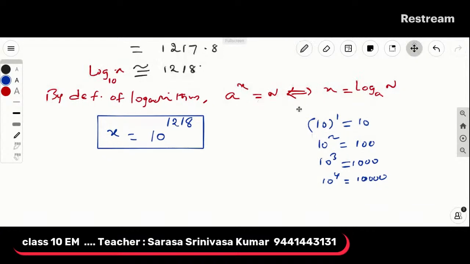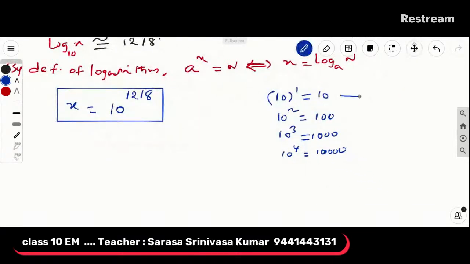So, how many digits are there? In 10 to the power of 1, 2 digits. In 10 square, 3 digits are there.